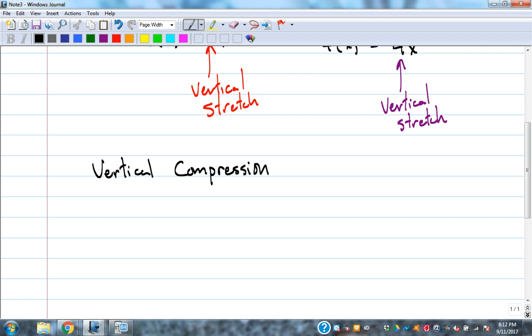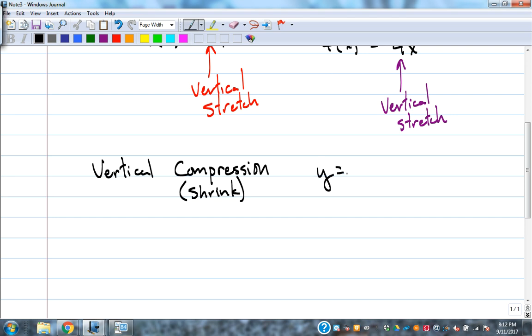So if it was the absolute value graph, that V would look wider, but it's really just squishing it down. It's a vertical compression. You might hear me say the word shrink. That means the same thing, okay? Compression is the correct word, but I learned it as shrinking when I was in high school, I guess, and it's stuck and I can't get rid of it.